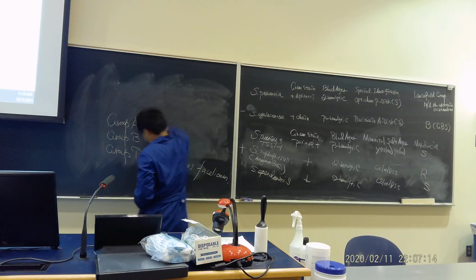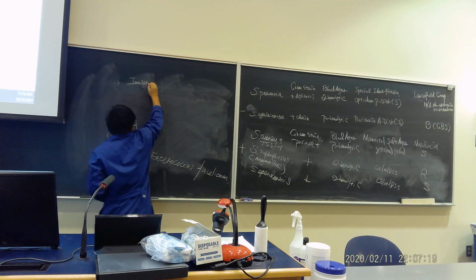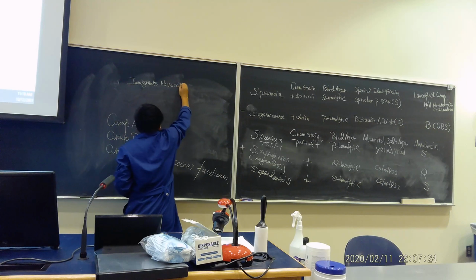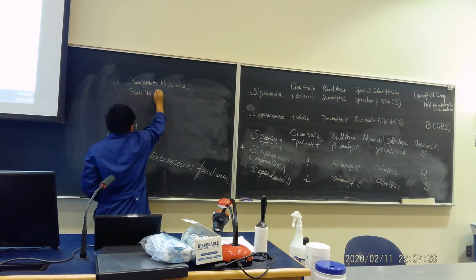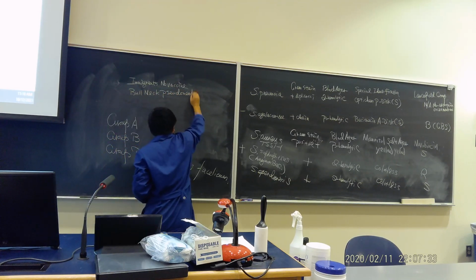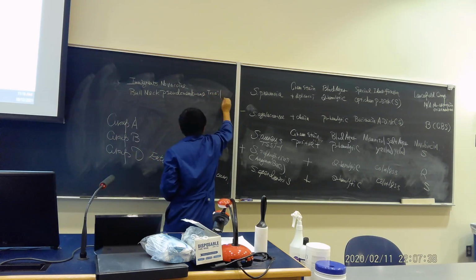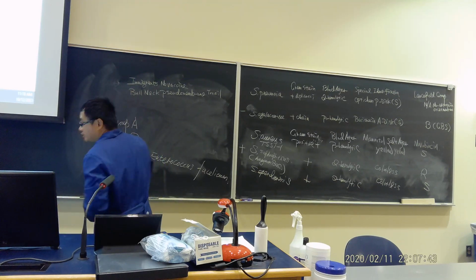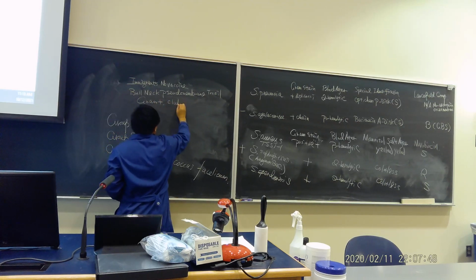So what's the key here? Immigrants, no vaccine required, and the bull neck, the membrane, tonsil area, and you will see it's gram-positive, club shape.